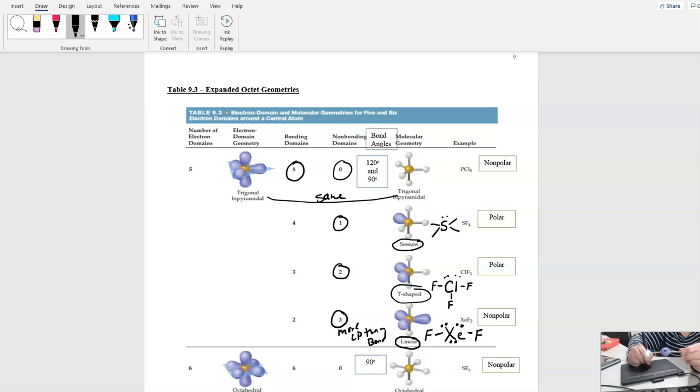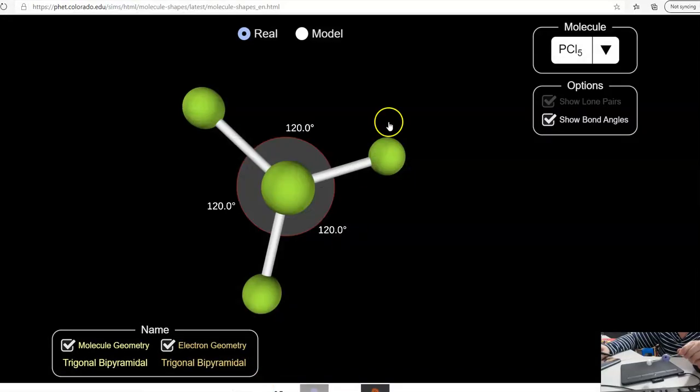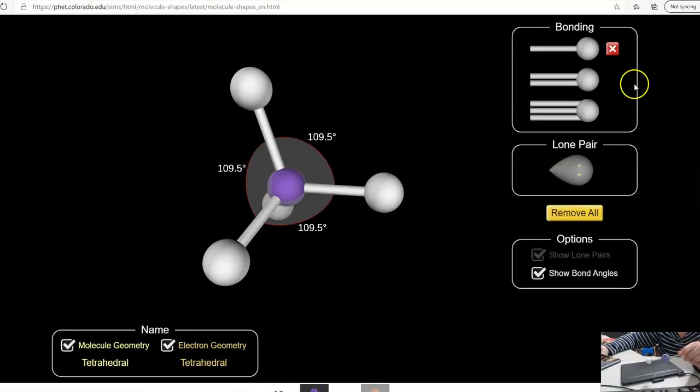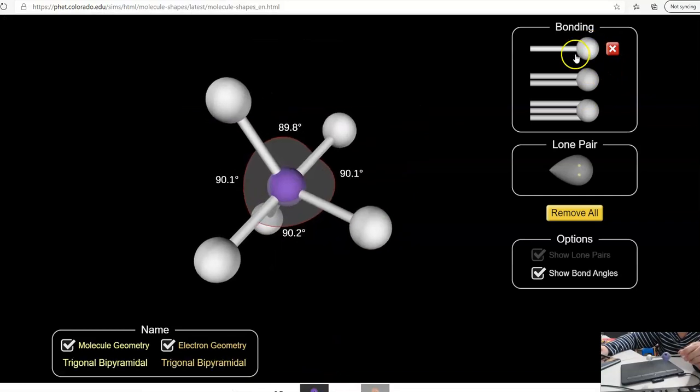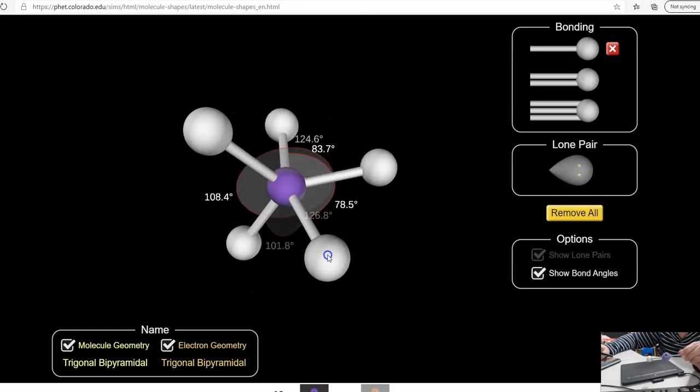Here's the cool part. All of these angles are all the same. Thank goodness we don't have to keep learning different angles. Regardless of the lone pairs, they're not going to change the angles that much. And if you do that on the simulator, let me go back to model. Let's put 5 bonds on here. Is that 5 bonds?